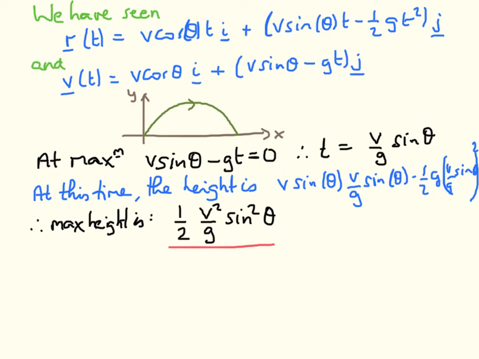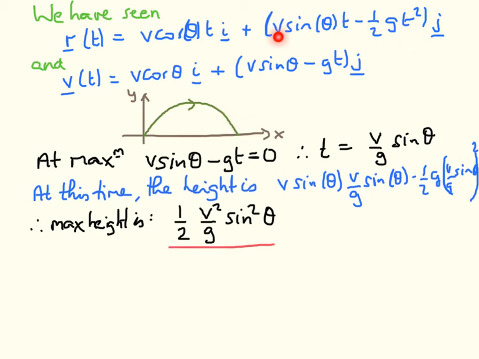And we can think a little bit about that in a moment and see if we understand it, and I'm going to do that on the next slide, but let's look now at the range. So how far does our particle get before it hits the ground again? So the range is when the vertical component of the position is 0, so when it comes down and hits the ground again.